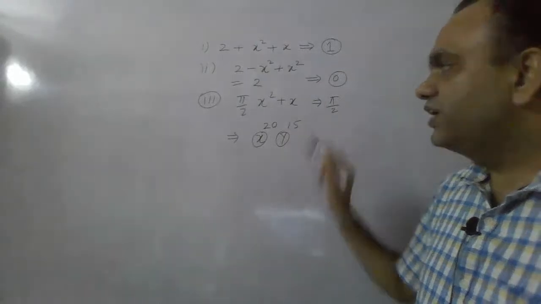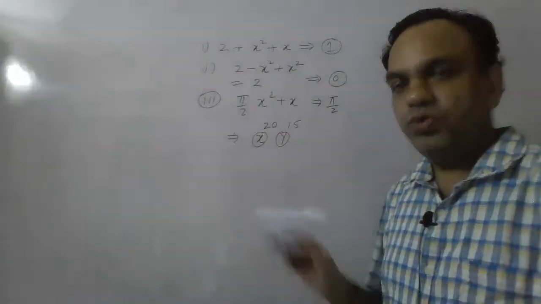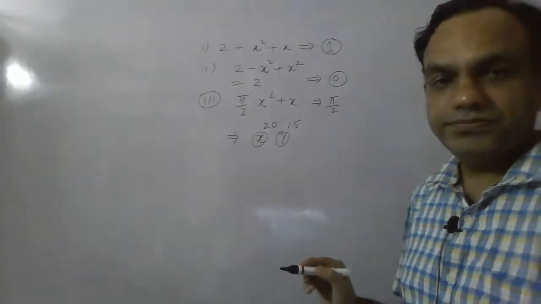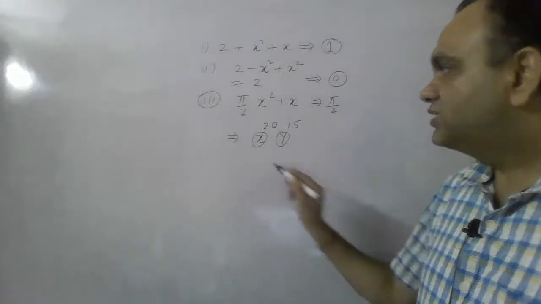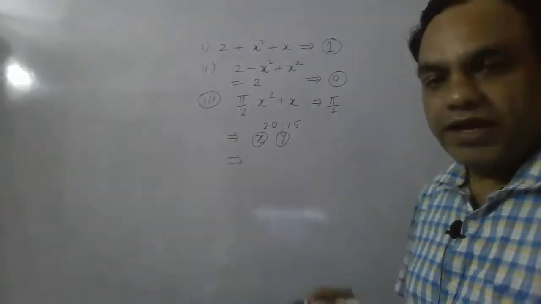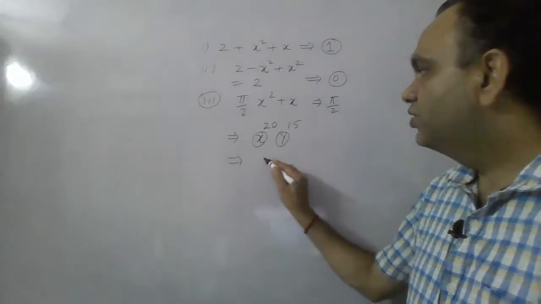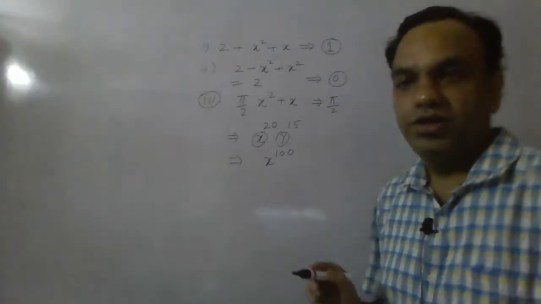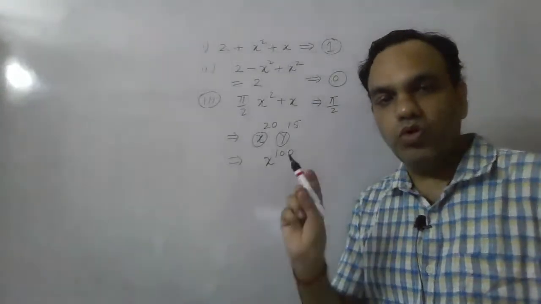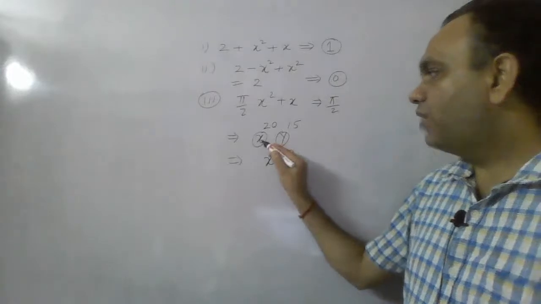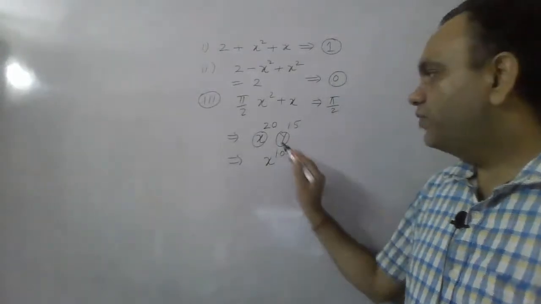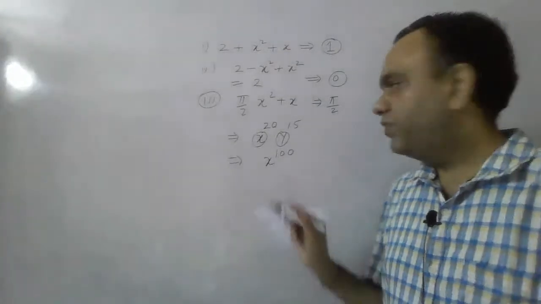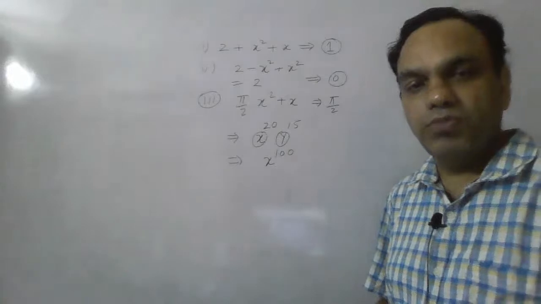So 20 plus 15, that is 35. You can add any other variables also, but here the power should be 35. In the same way, if a single variable power 100 is mentioned, you can simply use one variable and its power will be 100. So single is known as a mono and two of them are known as a binomial. Whenever there are two variables, we say binomial, and whenever there is a single one, we say mono.